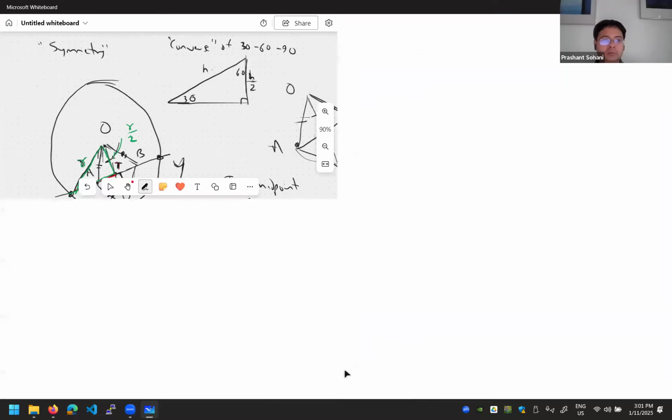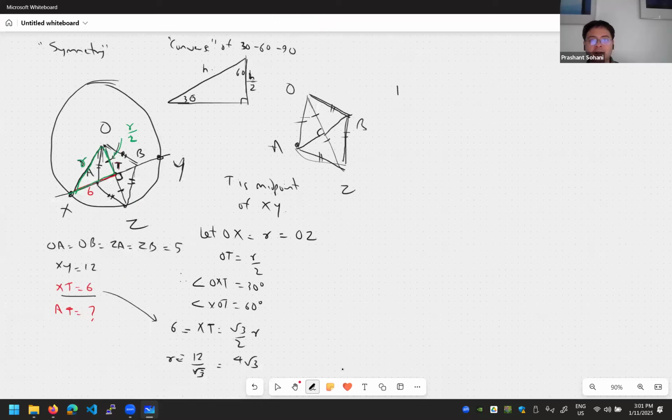We have all the information to do that, because in triangle OAT, AT square will be OA square minus OT square. OA is given as 5 and OT is simply r by 2.